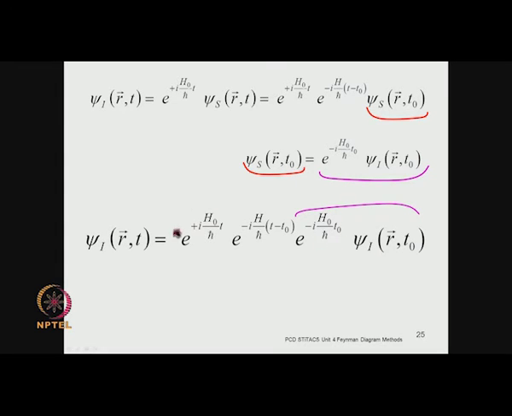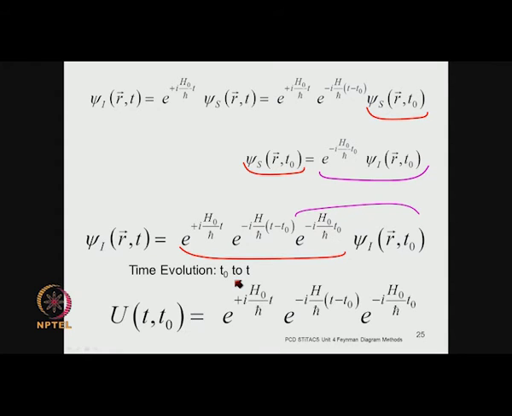So, this becomes your time evolution operator for the interaction picture. This is what describes the time evolution from t0 to time t for the interaction picture time evolution operator.